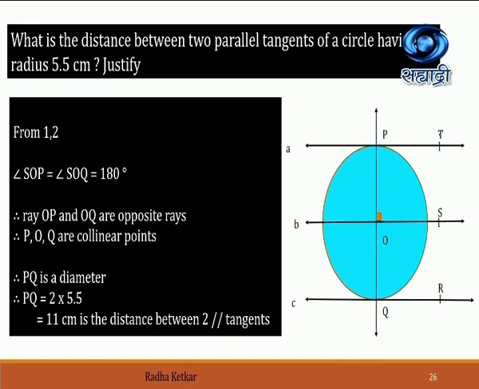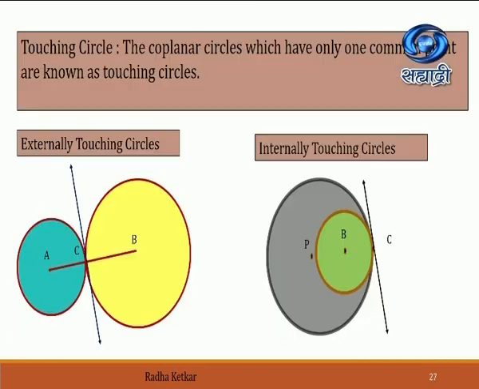That means points P, O, Q are collinear, right? And as these are collinear points, PQ becomes the diameter. As PQ is the diameter, it is twice the radius. That's why 2 multiplied by 5.5, that gives us 11 centimeter, the distance between the two given tangents. So this is how we can justify our answer.